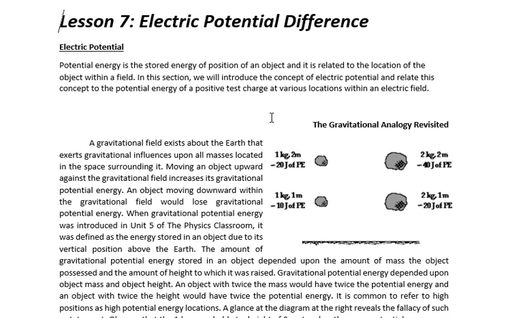So what do we mean by electric potential difference, or specifically, what do we mean by electric potential? From our previous topics, we learned that when placing different charges, whether positive or negative, or the same charge, near each other, they interact, and we call that attraction or repulsion.